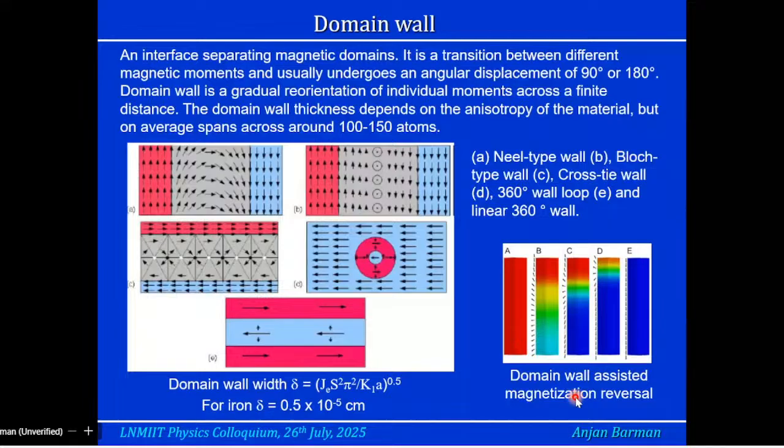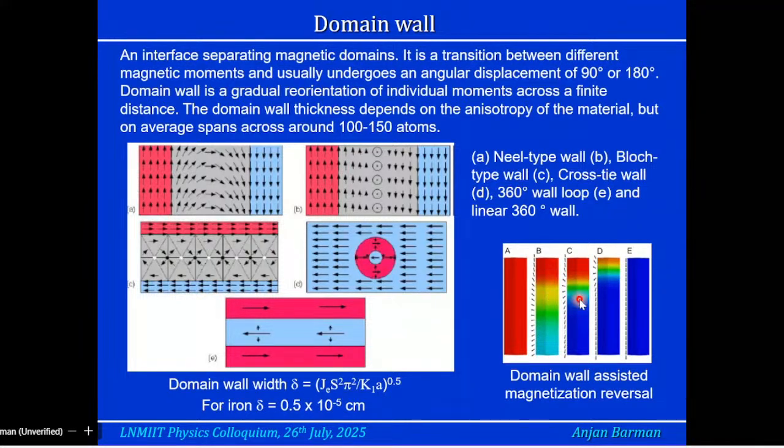So the domain wall assisted magnetization reversal is like that. If you have a system which is magnetized along, let's say, up direction, which is shown by red, and then you apply a magnetic field in the opposite direction, what happens is that some domains are formed, and then the domain wall is pushed slowly along that direction.